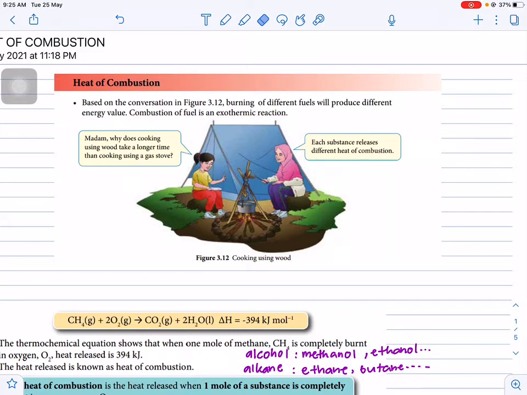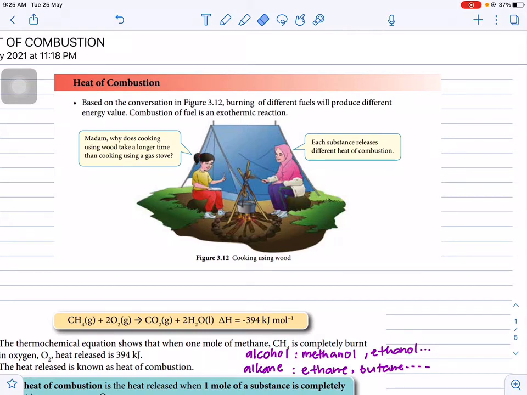It will take a longer time compared to using the gas stove. Okay, so kalau kita pakai charcoal and then we burn the charcoal, we put our meat, so masa yang diambil will be much longer compared to cooking the meat using the gas stove.